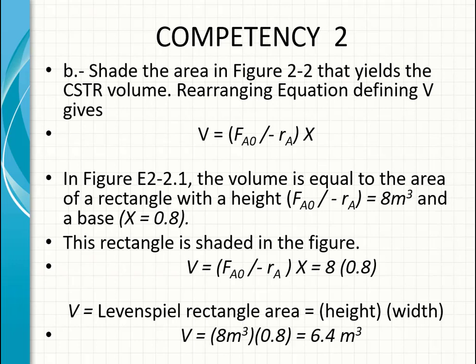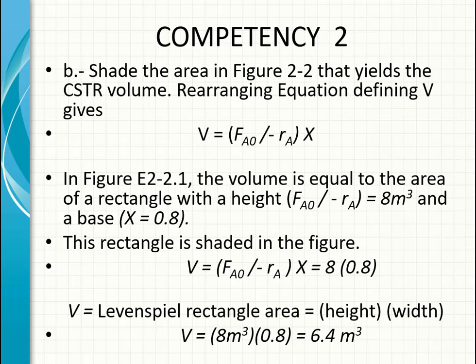If we rearrange the equation defining the volume, we will have that the volume is equal to FA0 divided by minus rA times X. In figure E2.2 the volume is equal to the area of a rectangle with a height of FA0 divided by minus rA, which is 8 cubic meters, and a base of X equals 0.8.